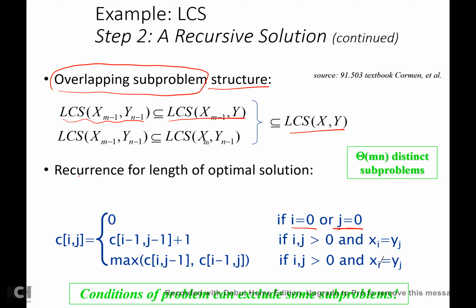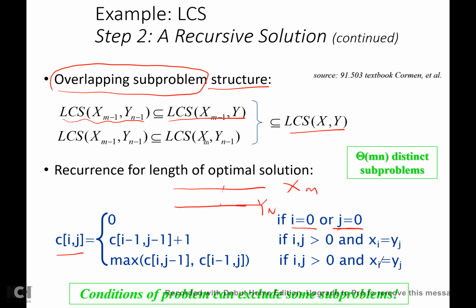And we write down a recurrence for the length of the optimal solution. And we use Cij corresponding to the length of the longest common subsequence of xi and yj, right? So, for example, we have x, which is equal to xm, right? We have yn.